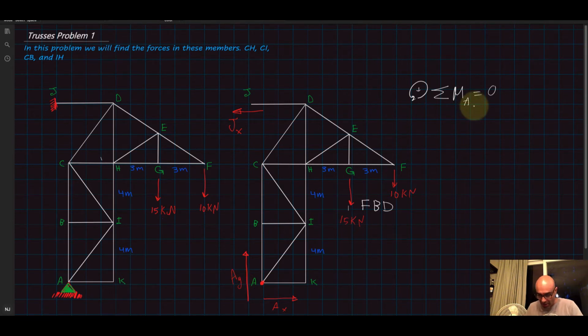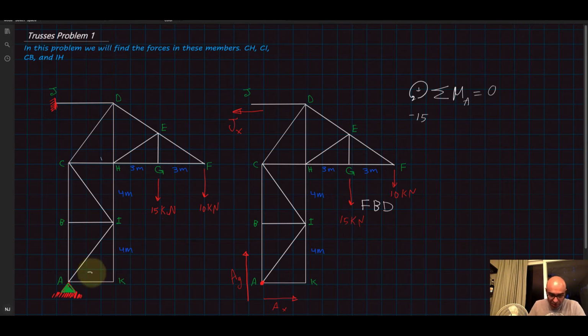Okay, let's see. This one is going to rotate the system clockwise, so it's going to be minus 15 kilonewton, and it's away by 3 plus 3, because all of these are 3 meters.